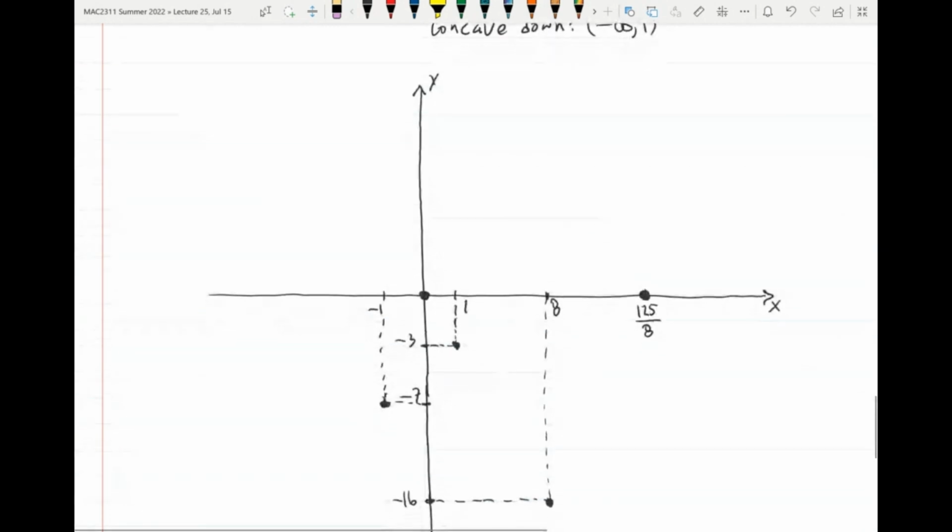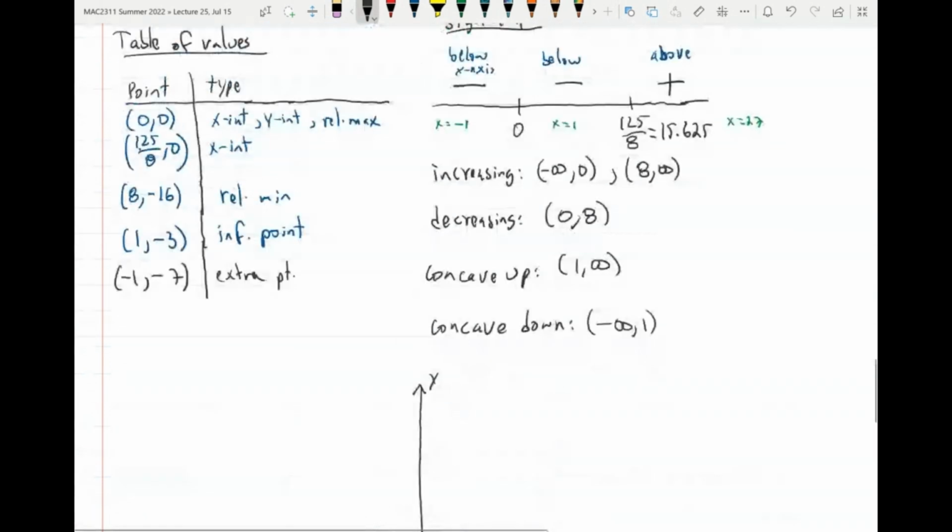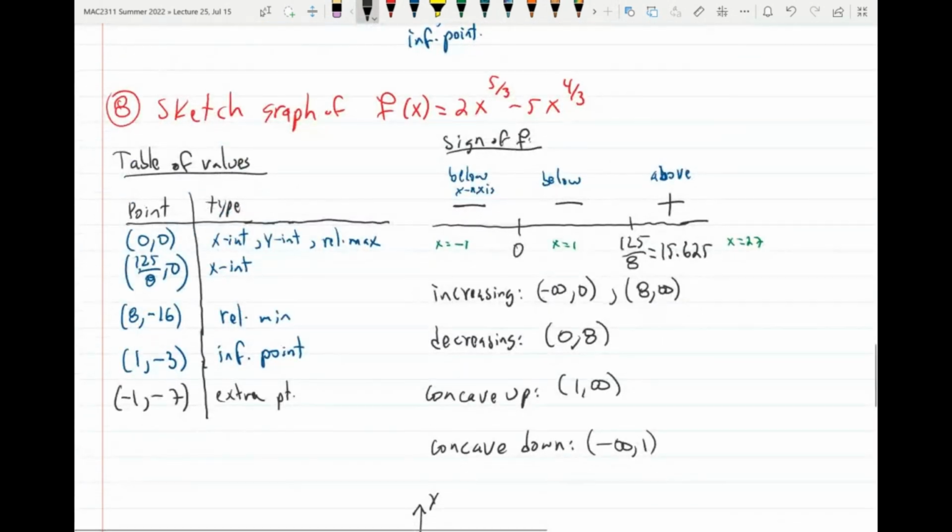And notice that we're gonna go through 125/8, and then we don't have anything else. But let's see, if I put 27, I think it would be too much, no? Is it 3 to the 5 or 3 to the 4? Let's see what happens at 27. If I plug in 27, I'm gonna get 3 to the 5, so 2 times 3 to the 5 minus 5 times 3 to the 4, which is an 81.